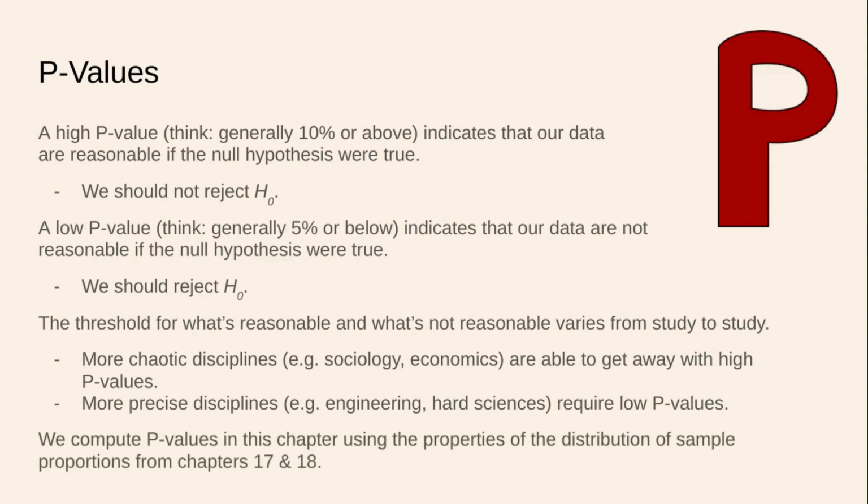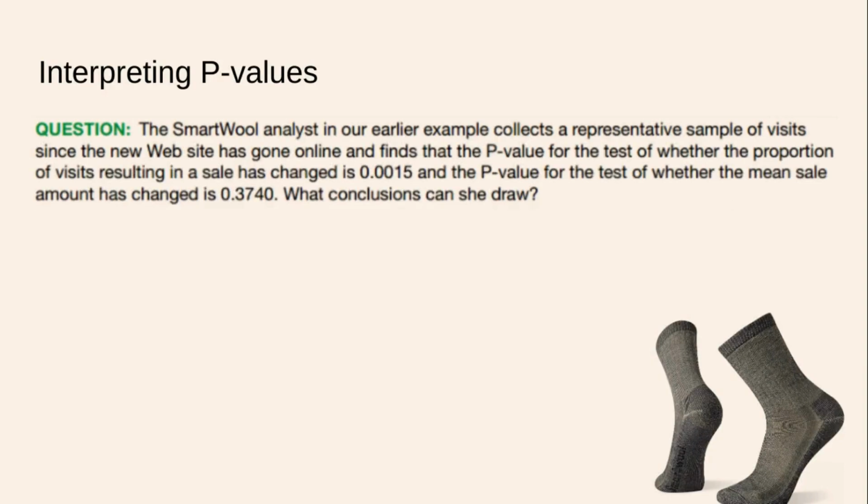We compute p-values in this chapter using the properties of the distribution of sample proportions that we talked about in chapters 17 and 18. Since we're going to be doing hypothesis tests with proportions, we can use what we know about the distribution of a sample proportion that we started discussing in chapter 17.